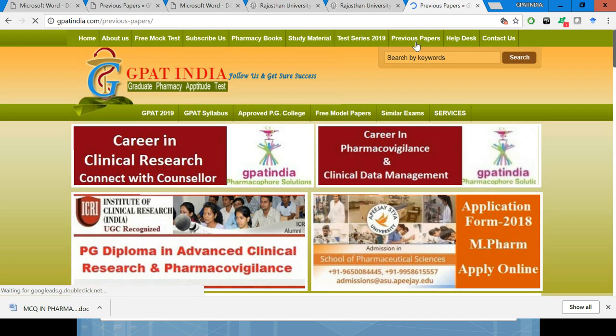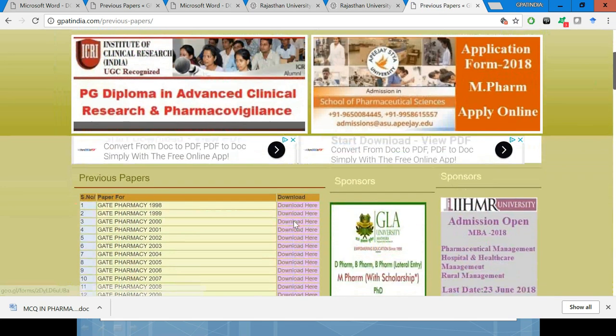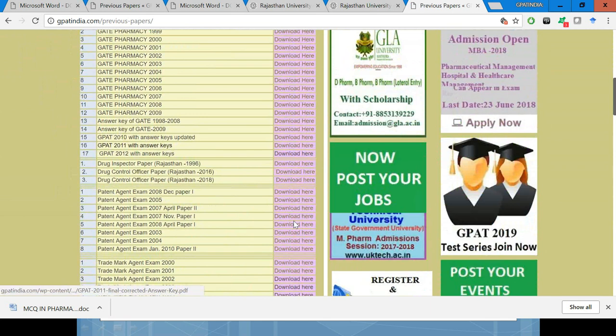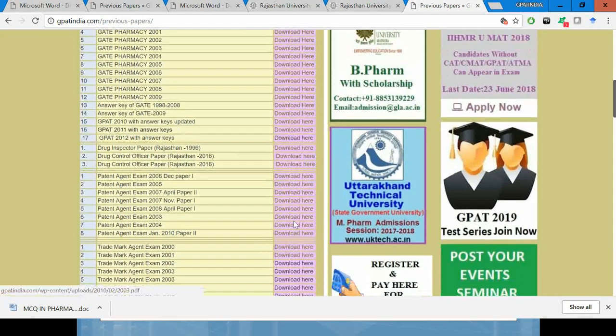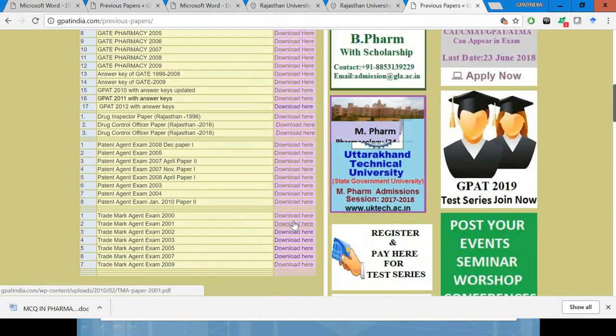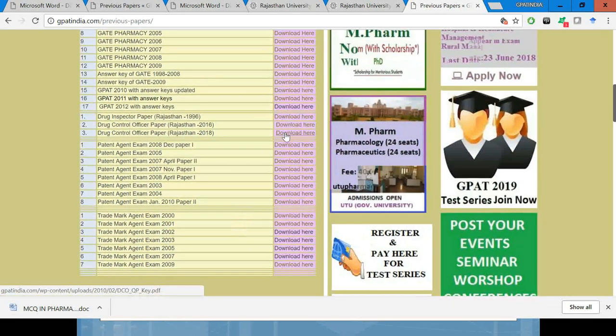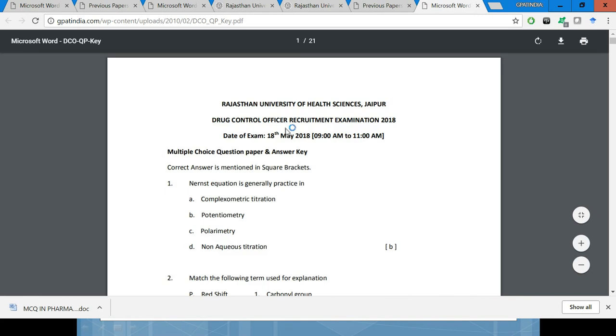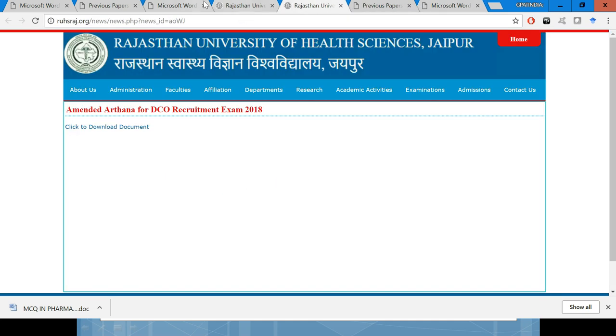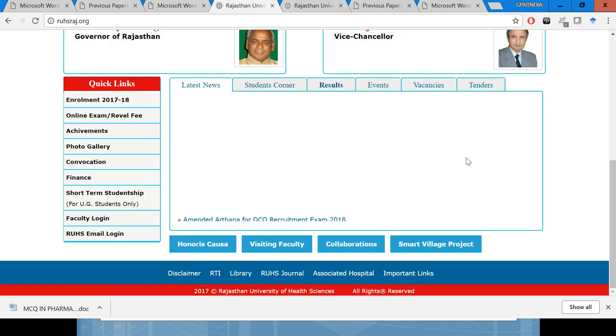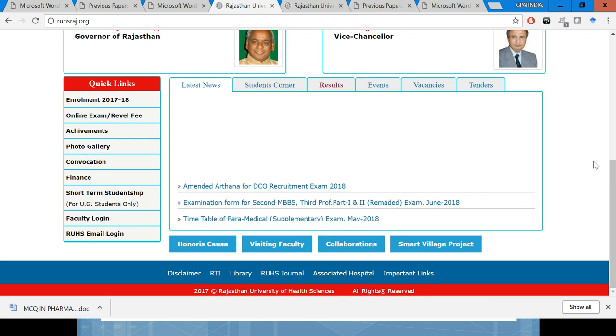It has most of the papers related to pharmacy, maybe earlier GATE, then GPAT, then DCO, patent agent, trademark agent, like that. So here is the drug control officer paper for 2018. If you want, you can also go directly to the RUHS website, and it is available there. So both options are open.